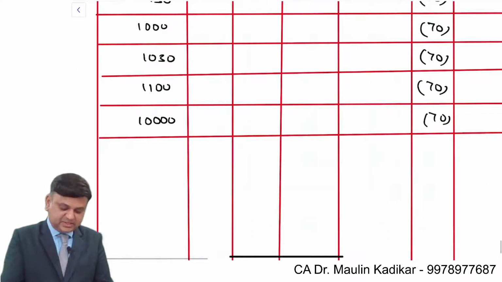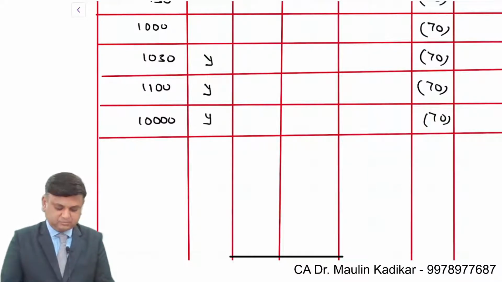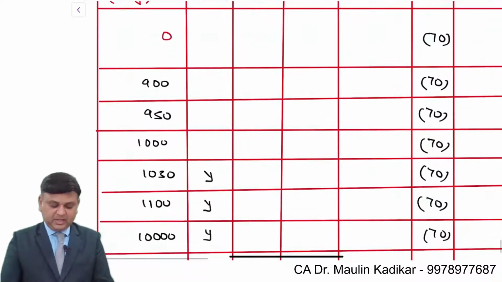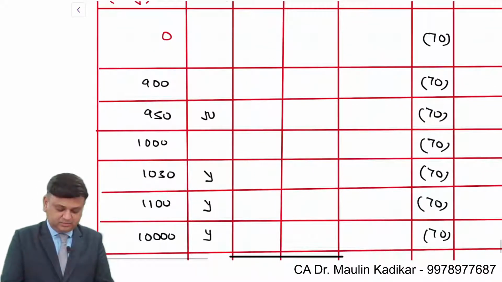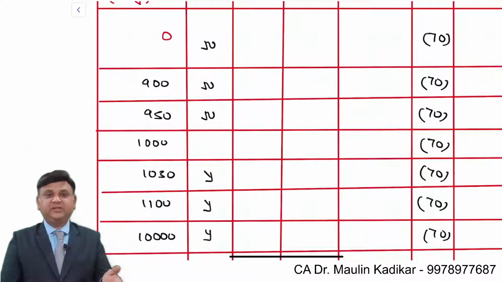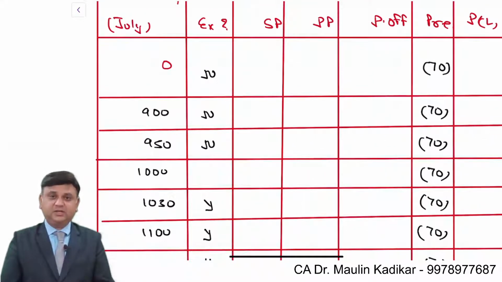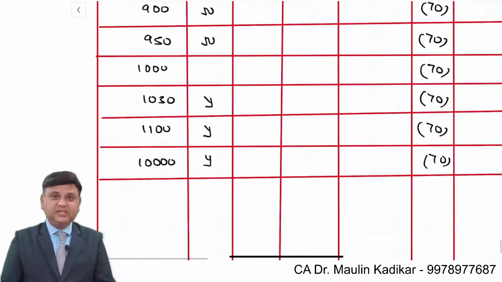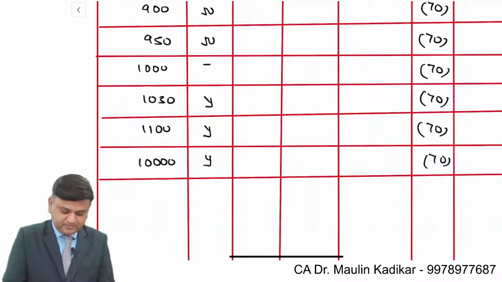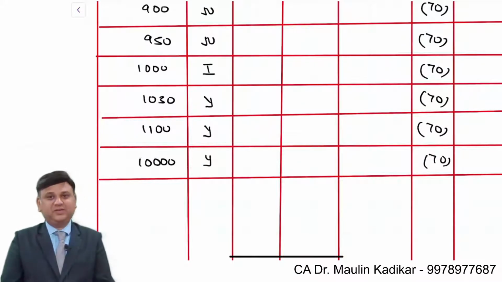So we understand that over here it is yes, and over here it is no. When the spot price is exceeding the exercise price, you will exercise your right. If the spot price is less than the exercise price, then you do not exercise your right, and over here you are indifferent.